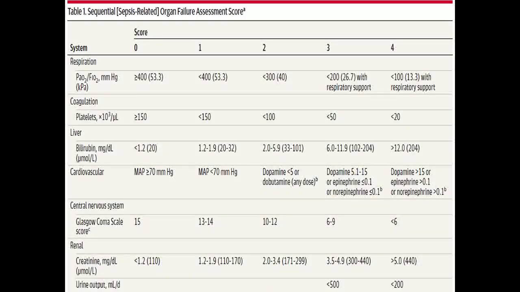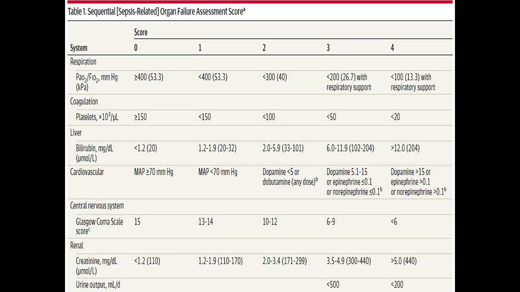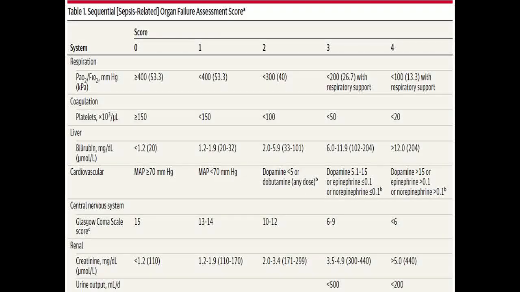So if those drugs are there, we know that the patient is cardiovascularly unstable. Central nervous system, we can go for AVPU or GCS, and we can assess that. Renal, we assess the renal profile with urine output, and we know the renal functions are good or bad, right?